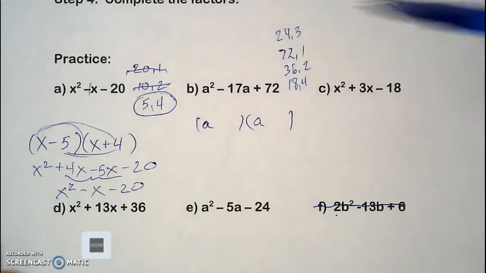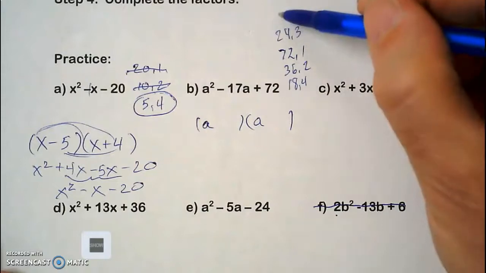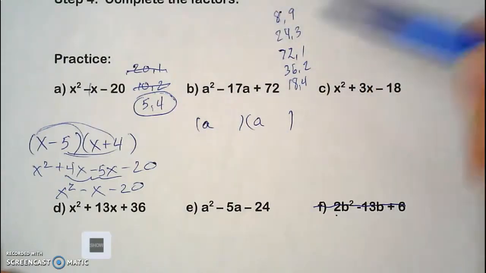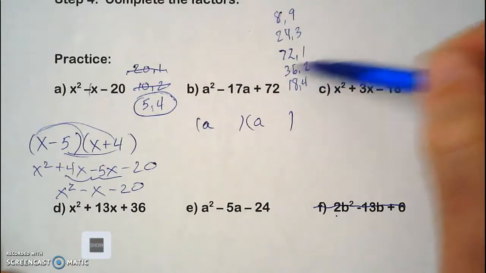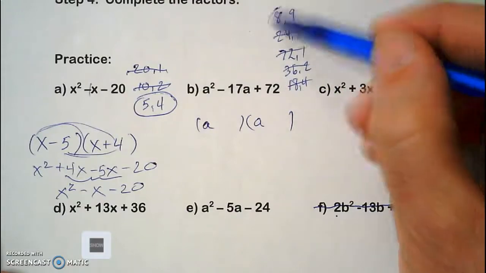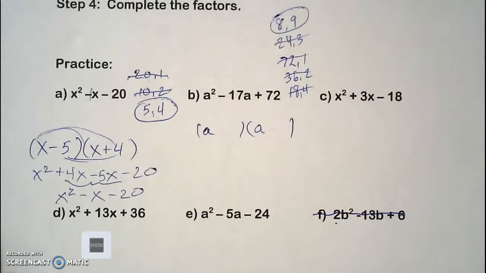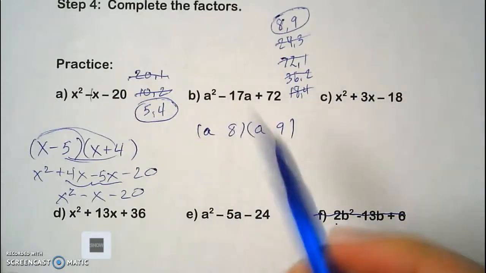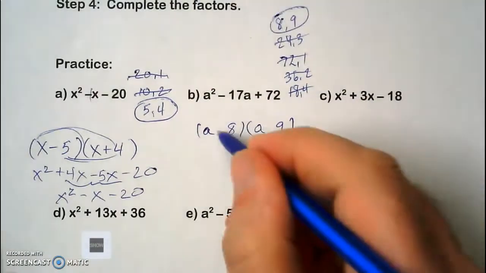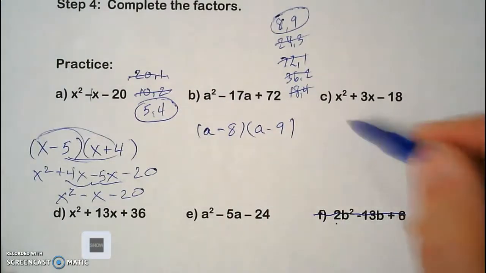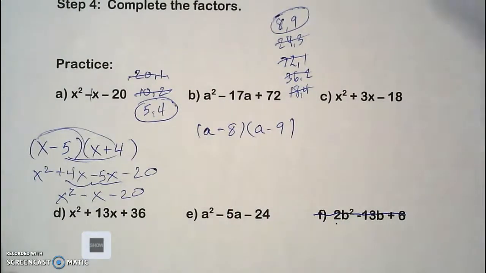There are a lot of pairs, but most of us are going to rely on our math facts, okay? So I can tell you now, if you start going through these pairs, most cannot add to 17, but 8 and 9 do. Now think, they add to negative 17, so they both have to be negative. Okay, I'll do one more, and I'm going to have you try D and E.